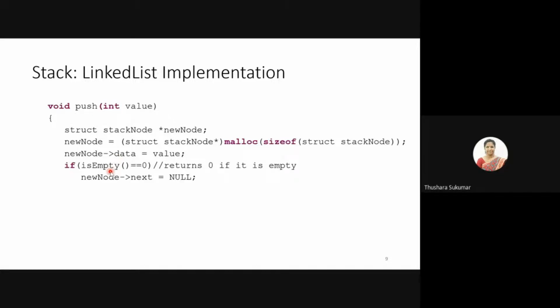And we want to check whether that is the first node. So if the stack is empty initially, then that new node's next part will be set as null. Then make that new node the top. So that is the insertion process.